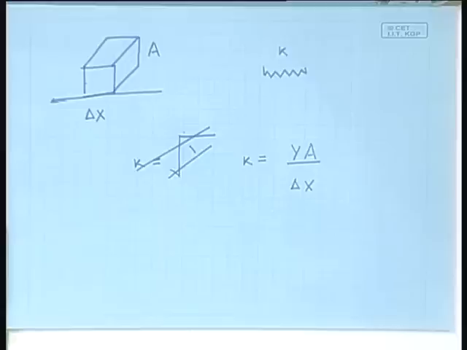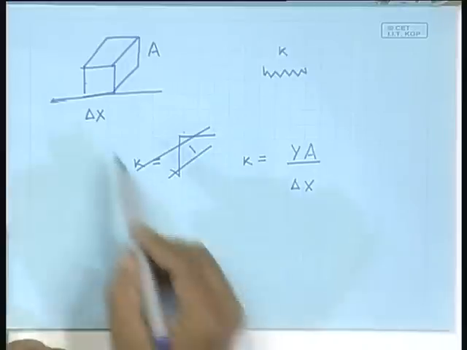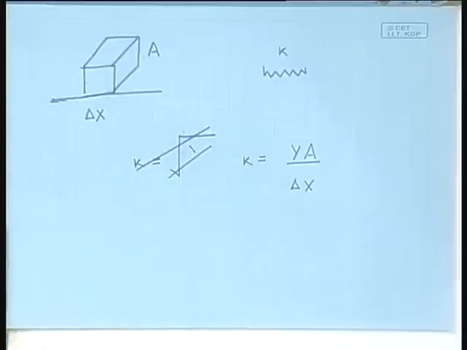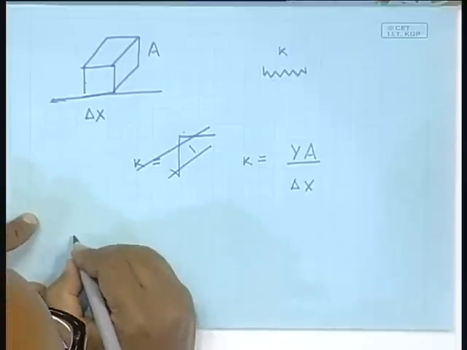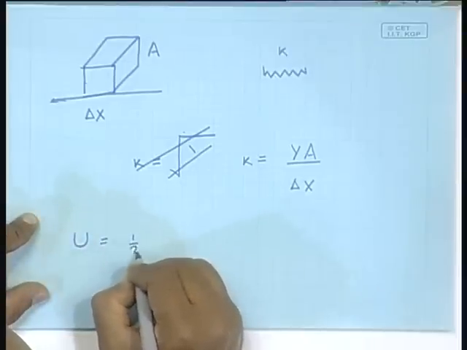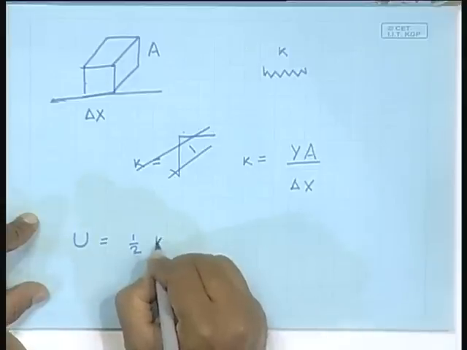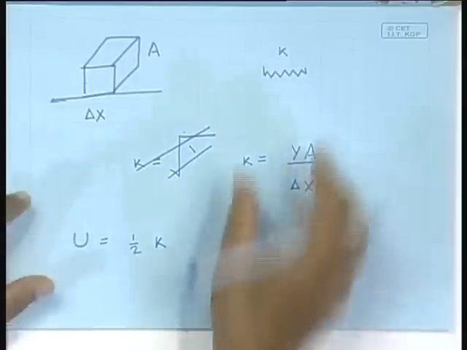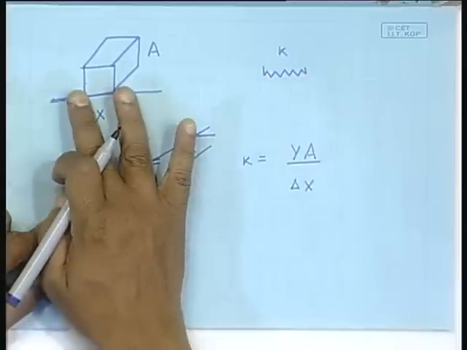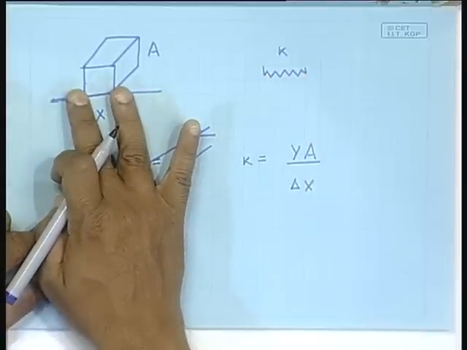Now, the question is, what is the potential energy of this mass element if it undergoes a deformation? We know that the potential energy, which I am going to denote by U, is half into the spring constant K into the deformation of the spring, the change in the length of the spring. Now, this spring actually corresponds to this mass element.